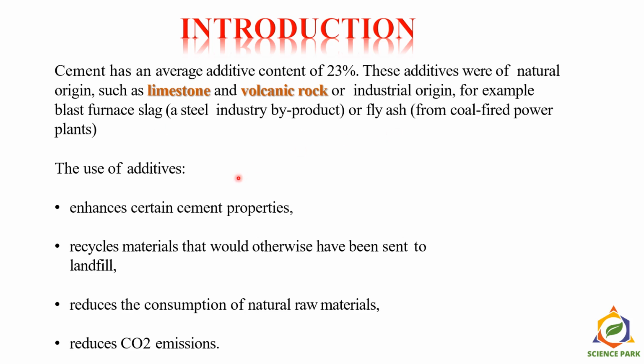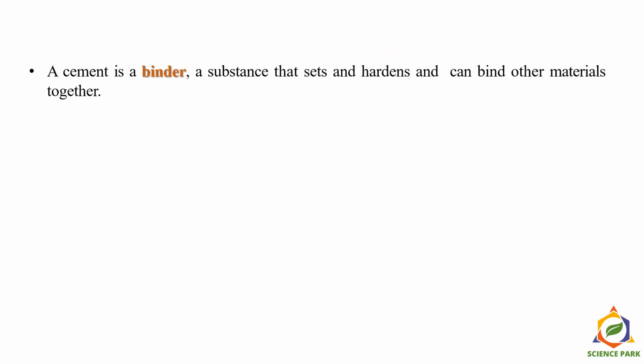The use of additives enhances certain cement properties and recycles materials that would otherwise be sent to landfill. Additives are used to reduce the consumption of natural raw materials, and they also reduce carbon dioxide emissions.